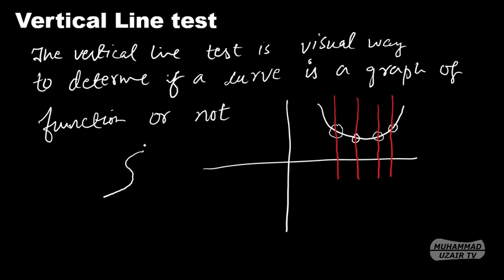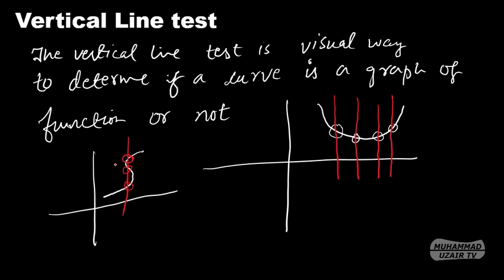Let's suppose we have another graph like this. Now to check whether it is a function or not, let's draw the vertical line. As we can see, this graph is not a function because it touches at 3 different locations.